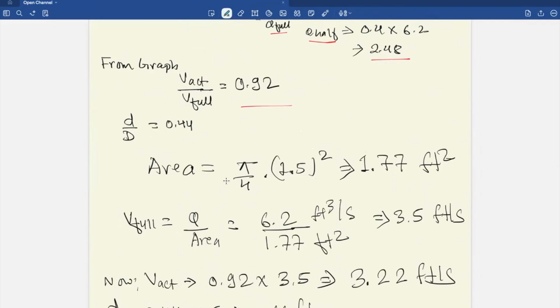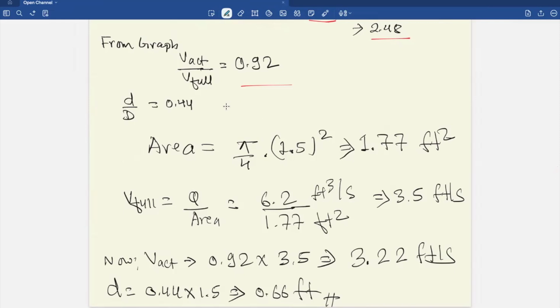Since we have not computed the velocity for full flow, let us do it using Q by area. Our Q is 6.2, and our area is given by pi by 4 times 1.5 squared, which gives us 3.5.